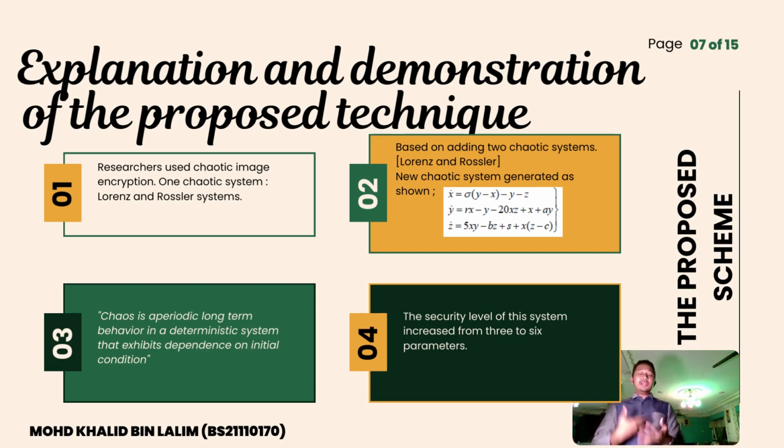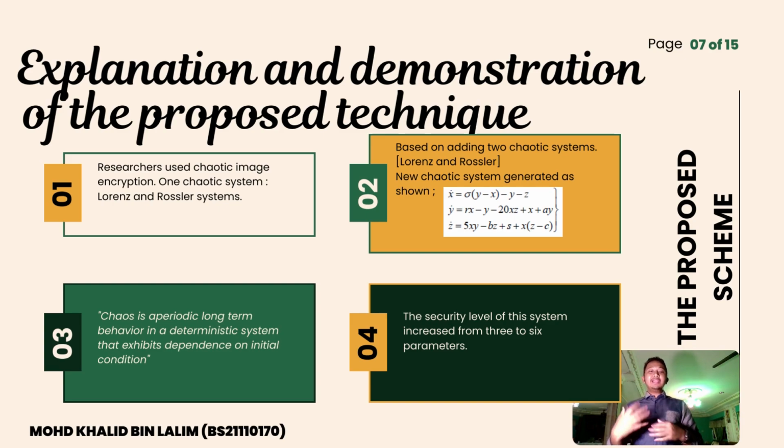Most researchers agree on the following statement: chaos is unpredictable long-term behavior in a deterministic system that exhibits dependence on initial conditions.